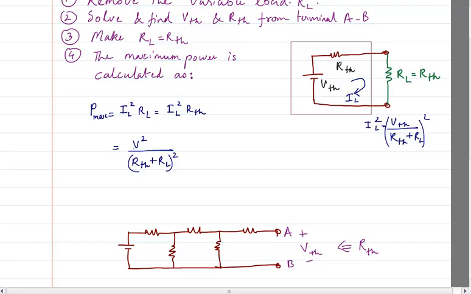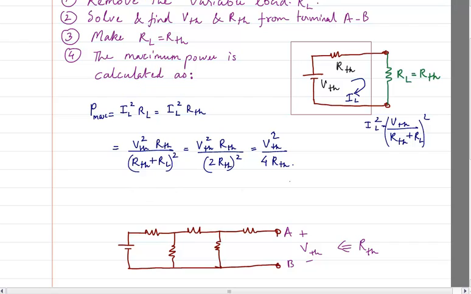So VTH square into RTH, divided by RTH plus RL, and RL is also RTH, so this becomes 2 RTH the whole square. The RTH at the numerator will be cancelled by one of the RTH at the denominator, and 2 square is 4, so it is going to be 4 RTH.